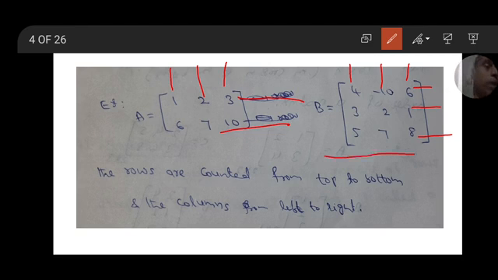And in the second matrix, we have 3 rows and 3 columns. Rows are counted from top to bottom and columns from left to right. These are examples of a matrix. Numbers arranged in rows and columns form a matrix.